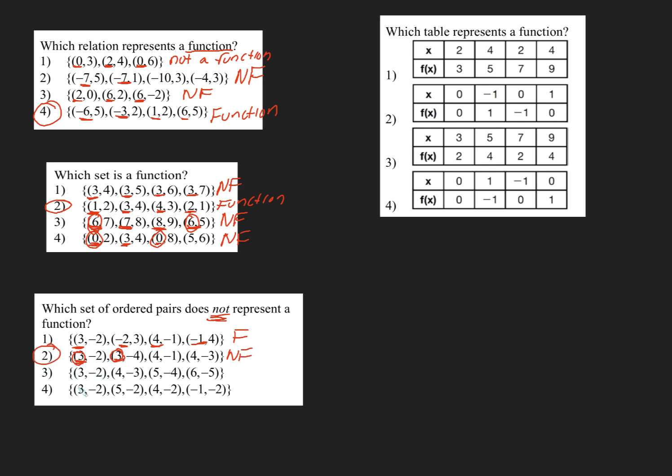If I go on again, 3, 4, 5, 6. These are all different. That is a function. Last one, 3, 5, 4, -1, function. Okay, you don't have to go all the way here. I'm just trying to explain when something is a function to when it is not a function.